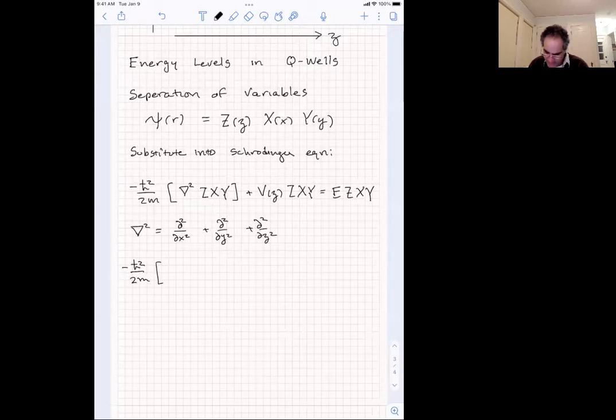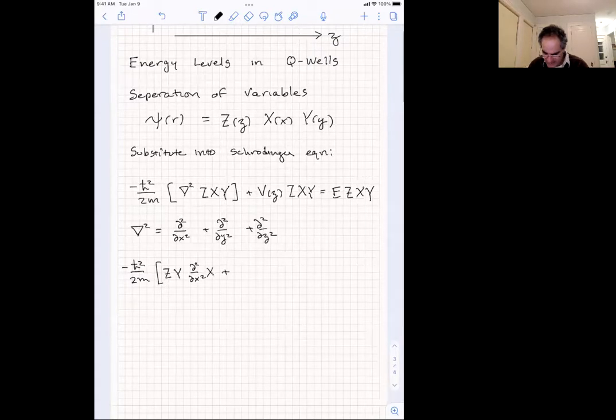And then notice, if we take the second derivative with respect to x squared of Z X Y, well, the z function and the y function don't depend on x. So they're treated like constants by the partial derivative. And so we have z times y times the second derivative with respect to x of the x function.